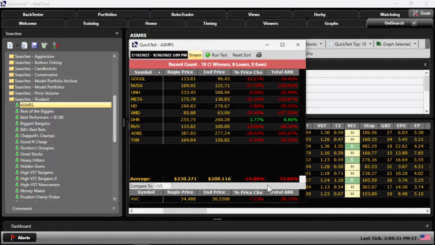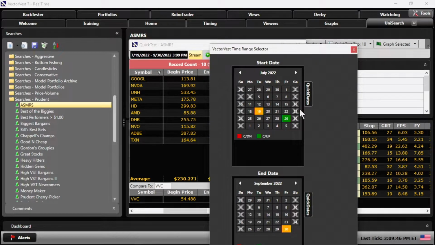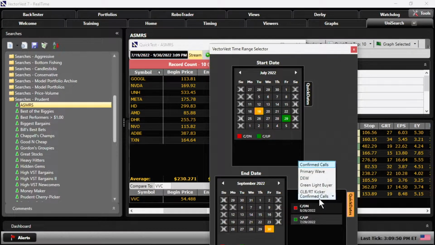So you can already start to see the benefits of market analysis, because at this point, if we just bought and held from July 19th to now, we're down. Okay, stock prices went lower. Now if we just go to where the signal came into play, and guys, on the quick dates over here, you can make your job a whole lot easier by selecting your timing model in the calendar.